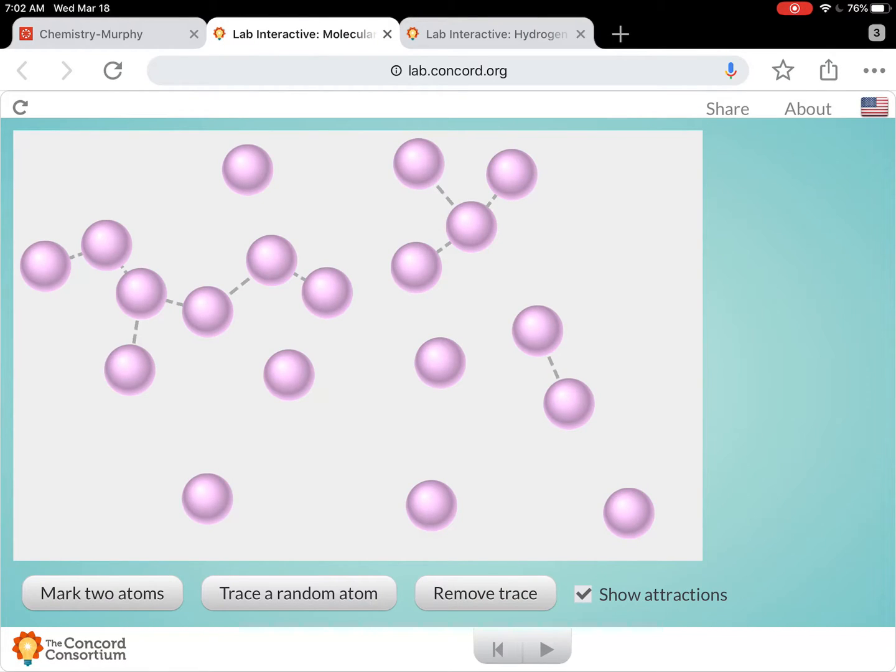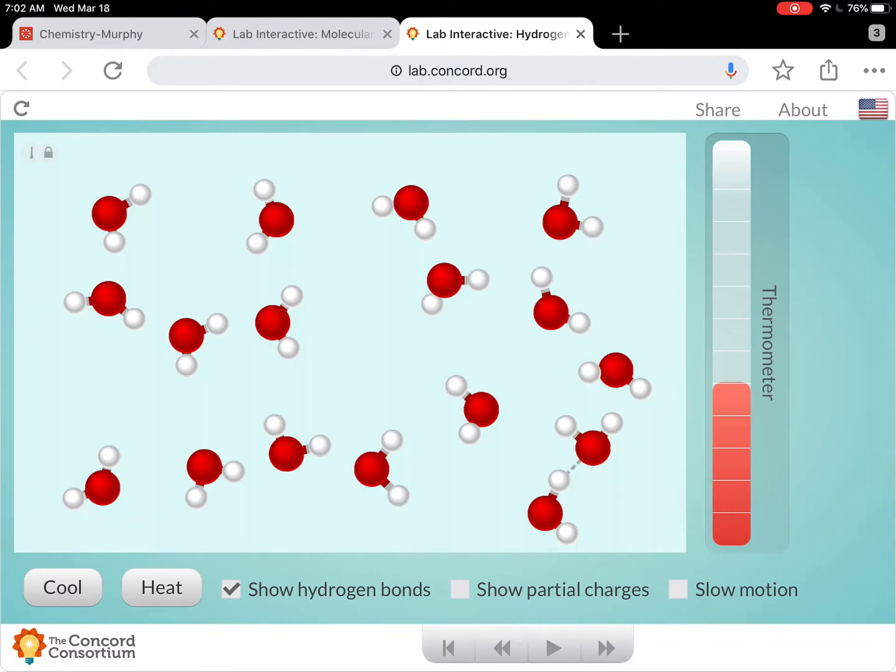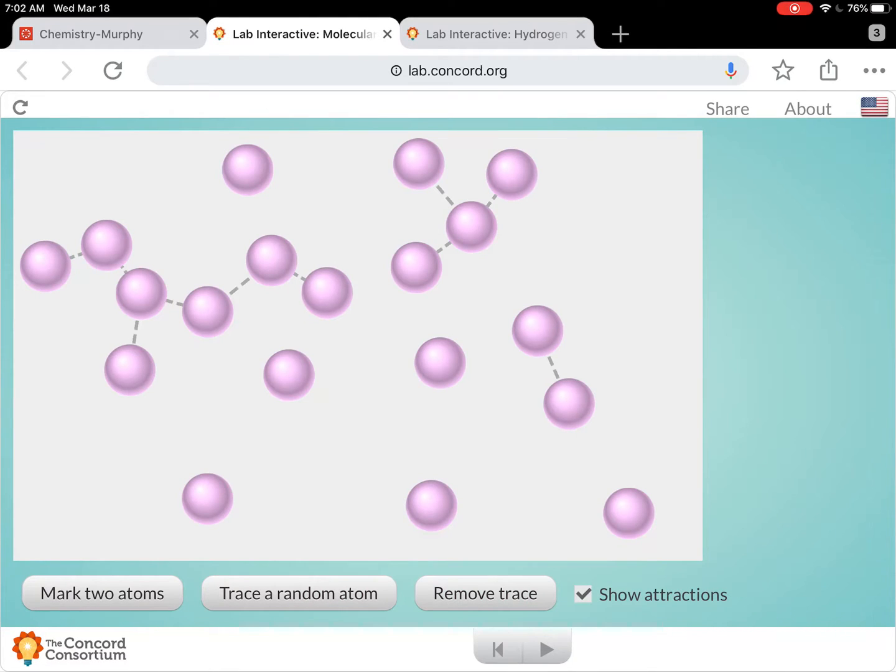I wonder if you can already decide which one you think is the imaginary gas particle and which one is the real one. You probably could guess that this looks like a real molecule, and if you guessed water, you're correct.